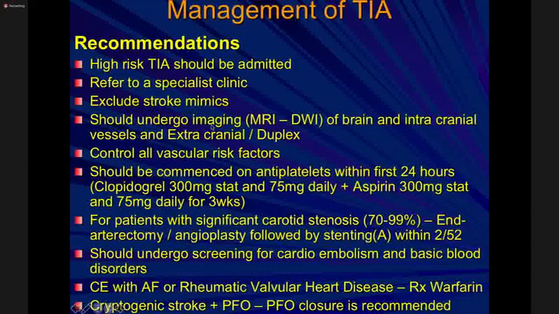Then if you are working in the best of centers with all facilities, they should undergo imaging, MRI with diffusion weighted image of the brain and intracranial and extracranial vessels, right? If you do not have MRI facility, in some of them the source of thromboembolism could be from the carotid.